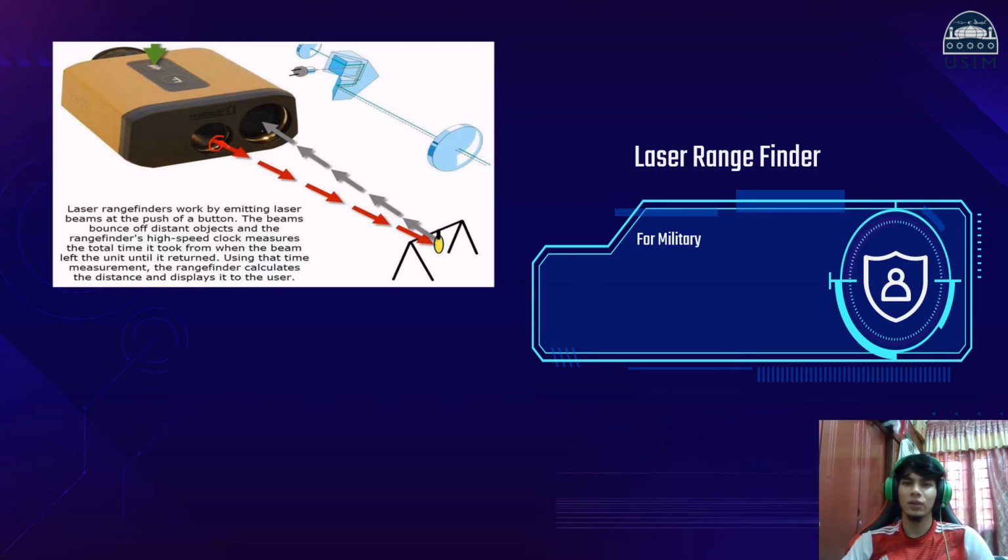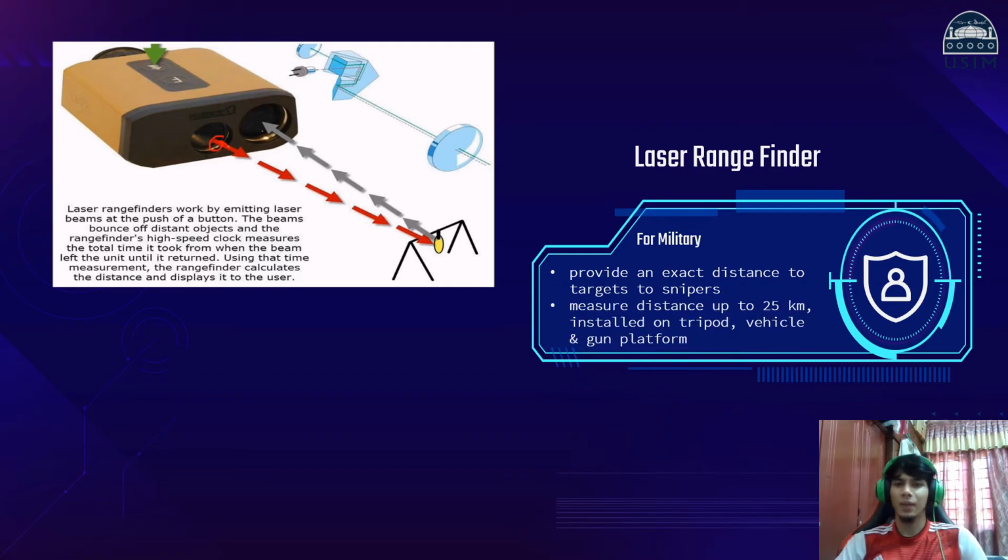The first use is military. It provides the expected distance to the target for a sniper. The measurable distance is up to 20 km. It is installed on tripods, vehicles and gun platforms.